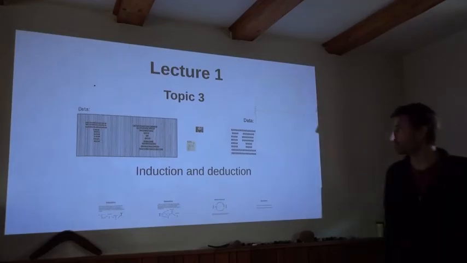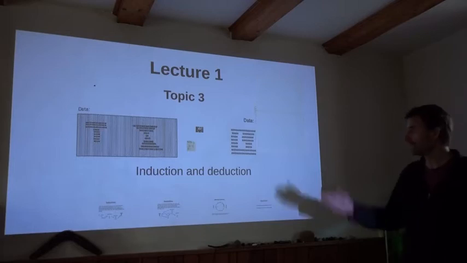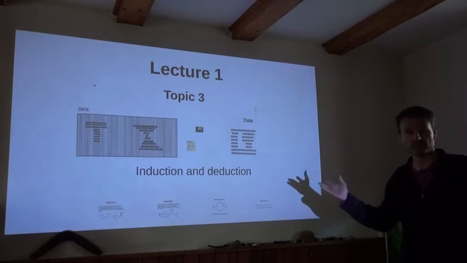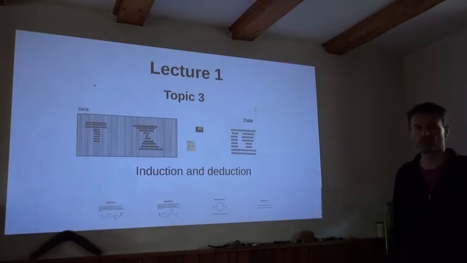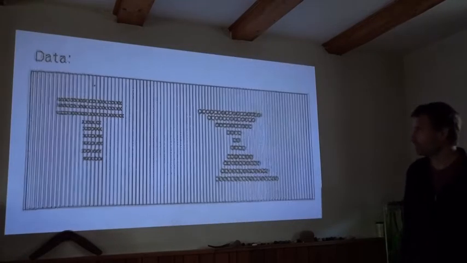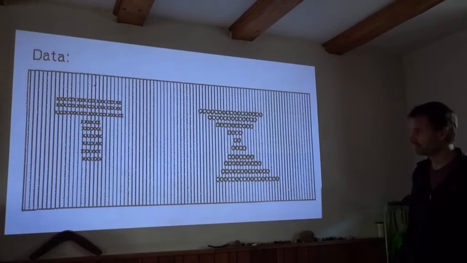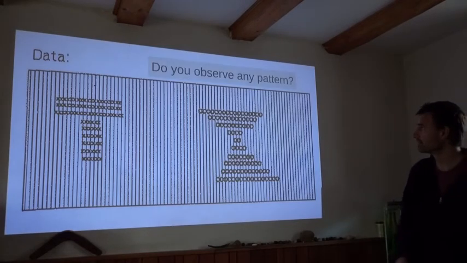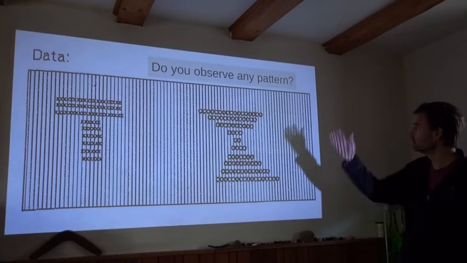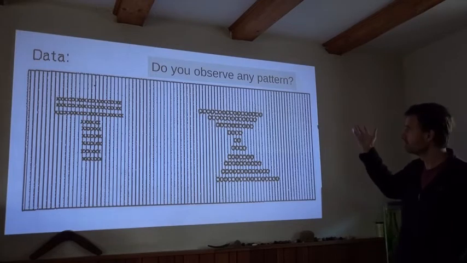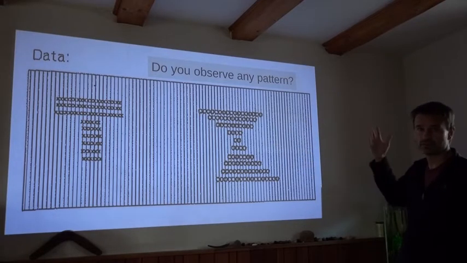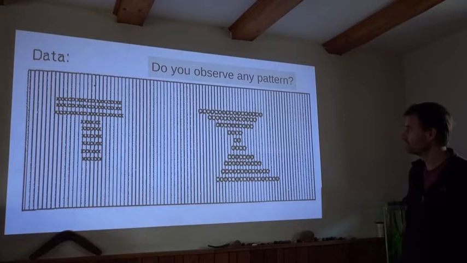The third topic is about induction and deduction, which are the basic forms of scientific inferences. If you have data like this, you may ask the question: do you observe any pattern in your data?